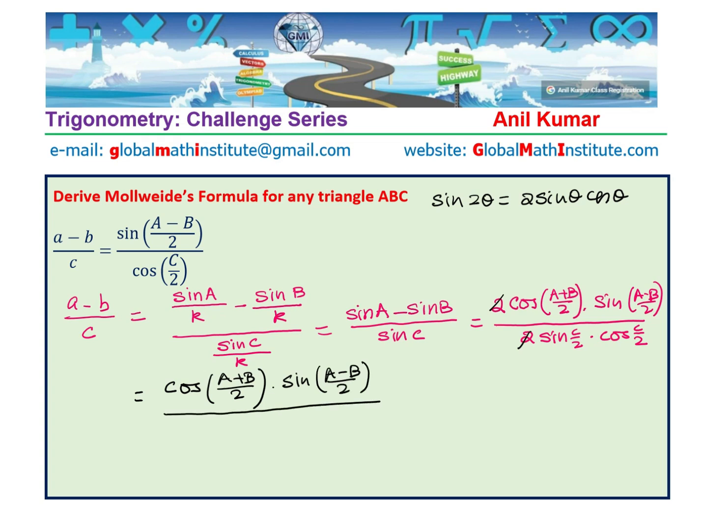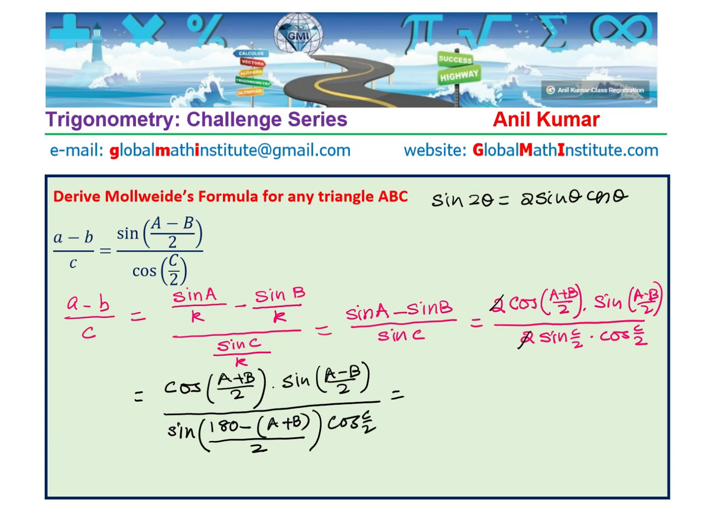And in the denominator, sine C by 2 can be written as sine of (180 minus (A plus B)) by 2 times cos C by 2.